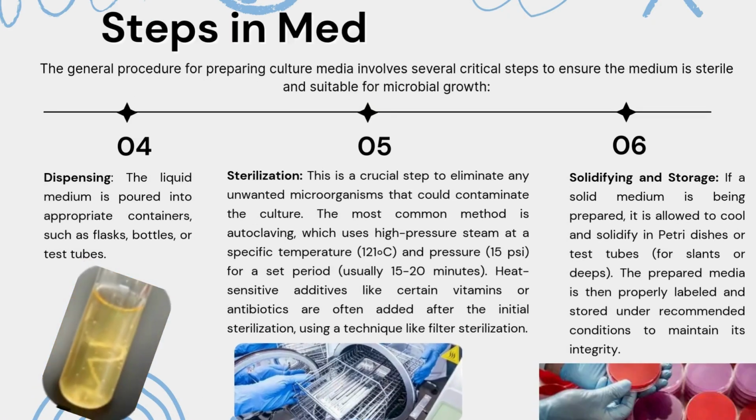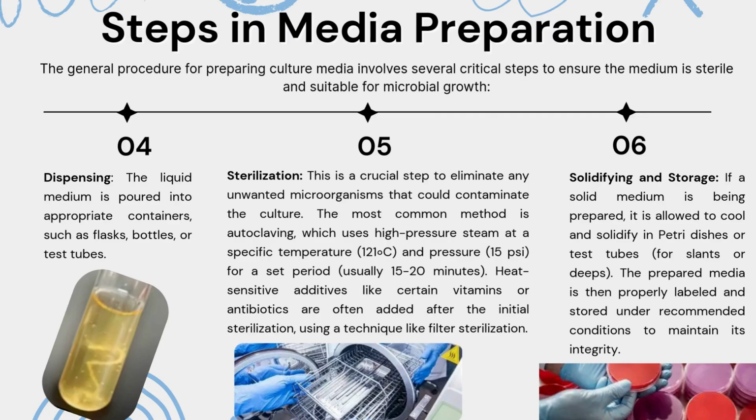Then moving on to dispensing: the liquid medium is poured into appropriate containers such as flasks, bottles, or test tubes. Then moving to sterilization. This is a crucial step to eliminate any unwanted microorganisms that could contaminate the culture. The most common method is autoclaving, which uses high-pressure steam at a specific temperature and pressure for a set period of time.